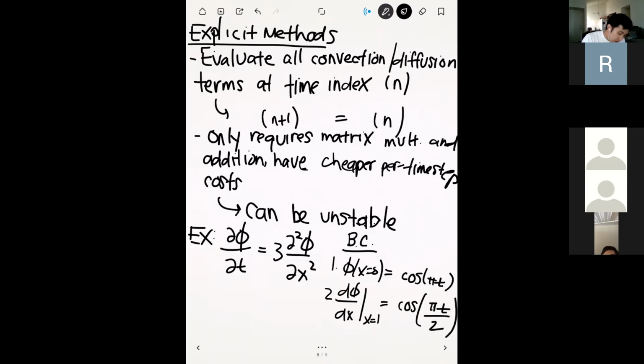Since we're doing an unsteady problem, we need an initial condition. We're just going to use our convenient one, and assume everything is 0. So we have phi at x, t equal to 0, is equal to 0.